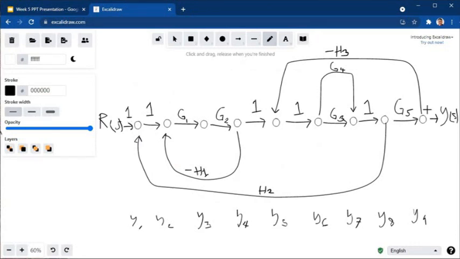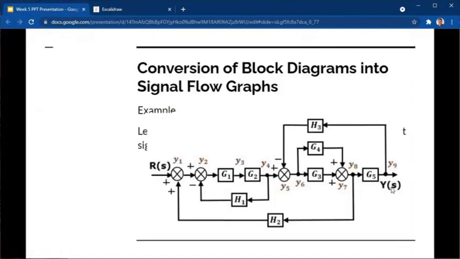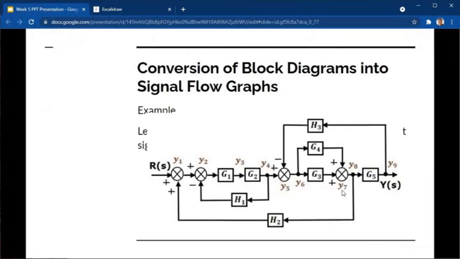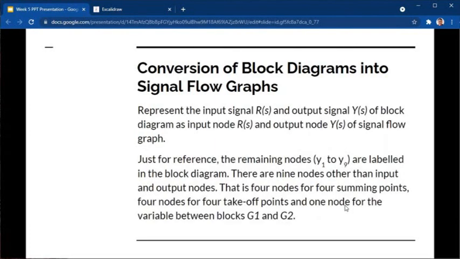Also y sub 9 to y sub s, gain of 1. In block diagrams, input and output should also be considered as nodes. Okay? So that's it. This is our signal flow graph from the given block diagram.